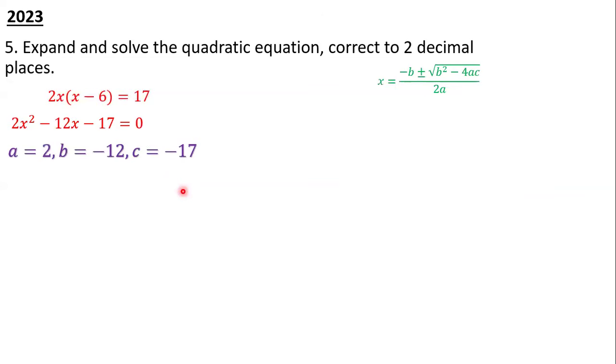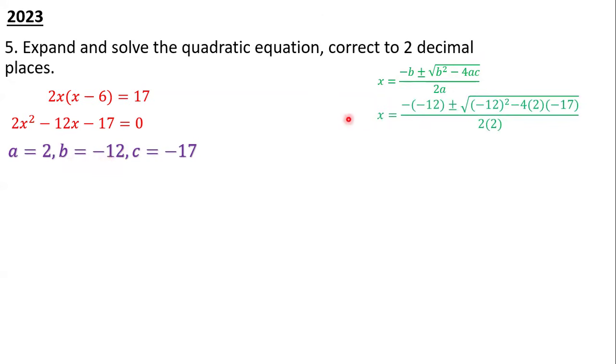We know that the quadratic formula is x is equal to negative b plus or minus the square root of b squared minus 4ac, all over 2a. And so we know what b is, right? b is equal to negative 12.